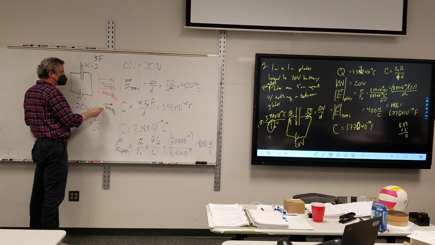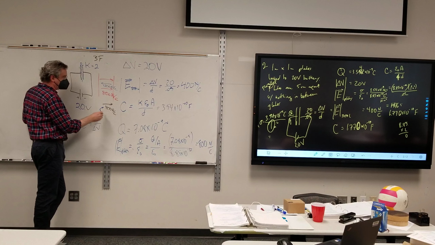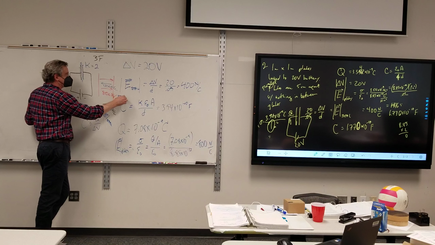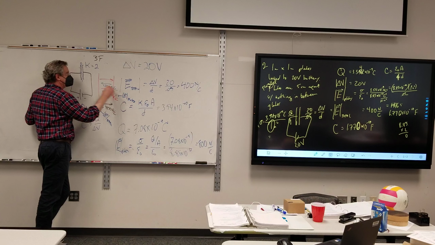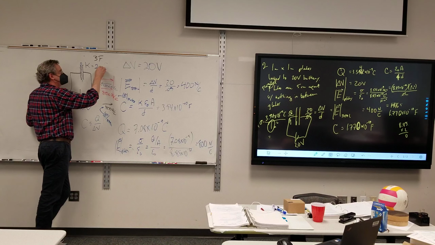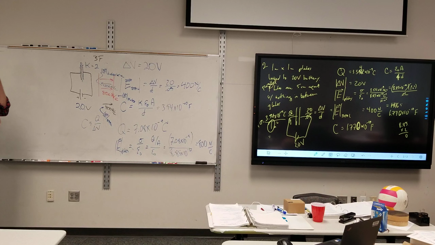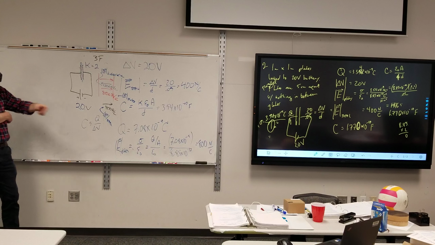Because I have two 400s here, let's be a little more explicit. This 400 is the total electric field. This is the electric field because of the plates. And this is the electric field because of the dielectric, which is just the difference between those.